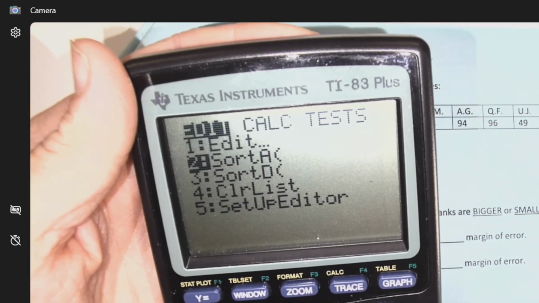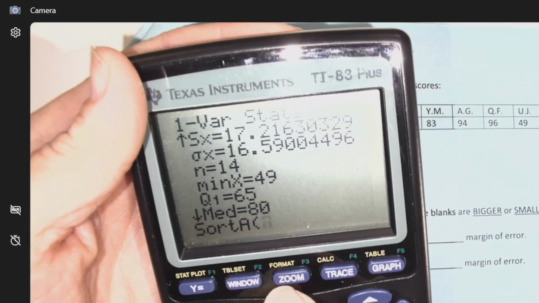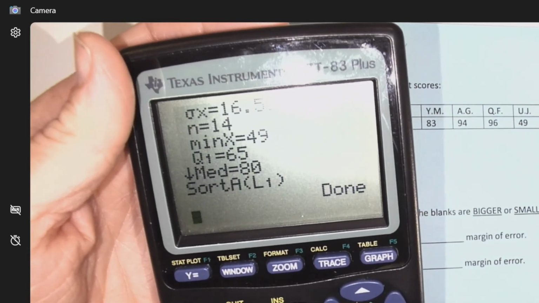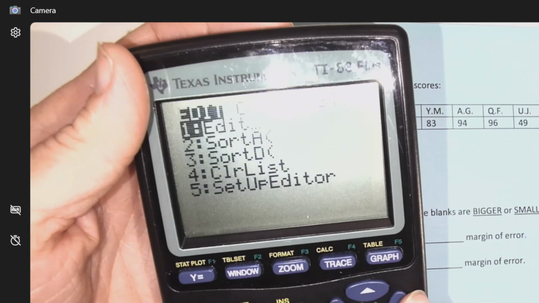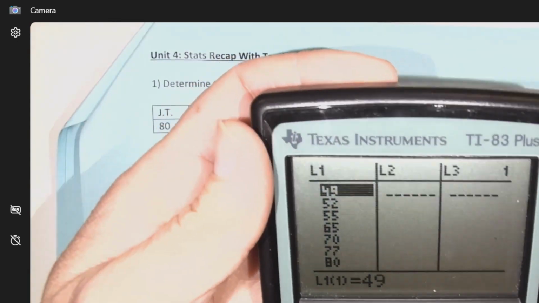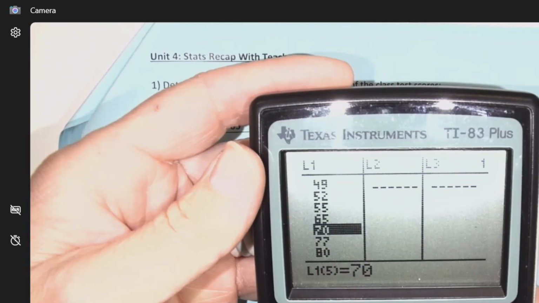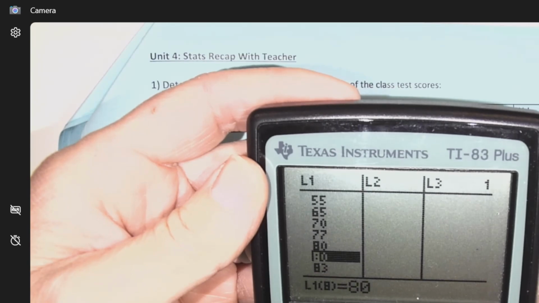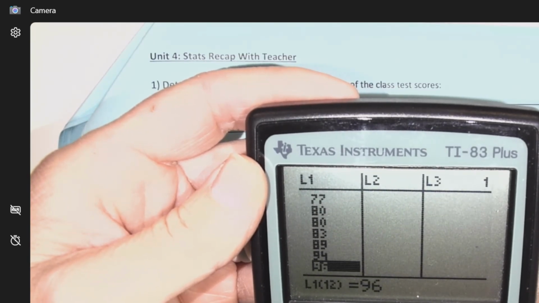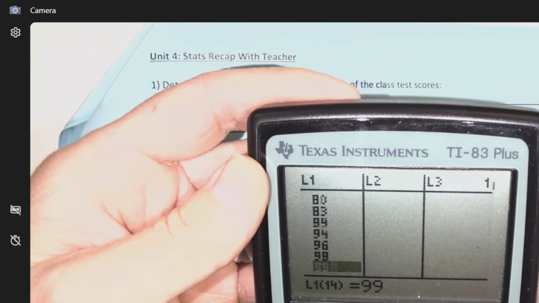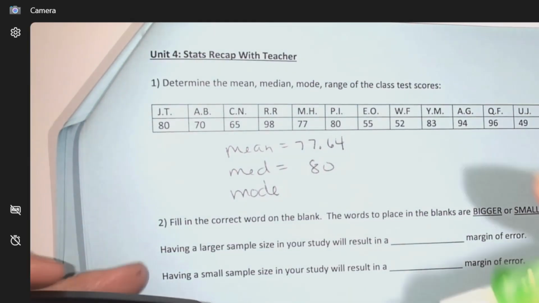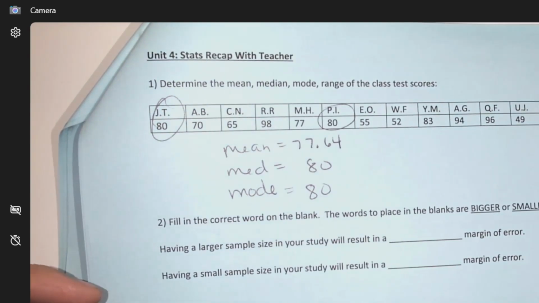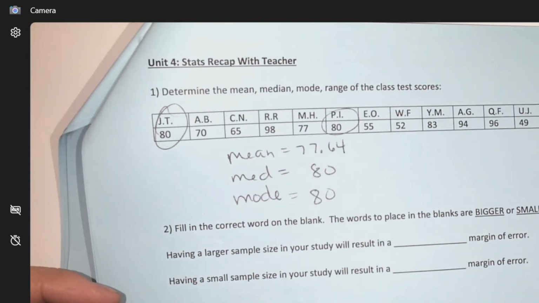You can sort your L1, enter, and then when I go back into the edit, I can scroll down and see if there's anything repeated. Oh, I see 2 80s. So there was 2 80s.